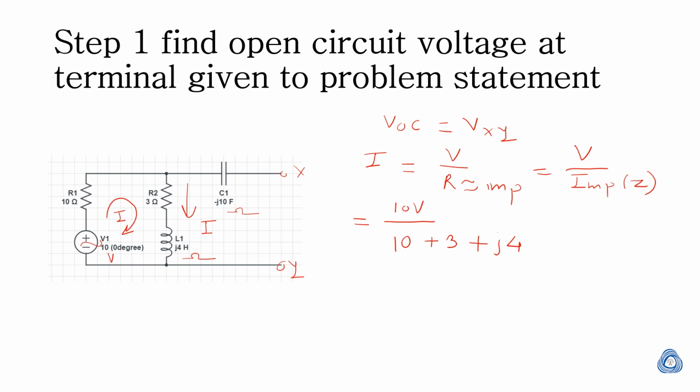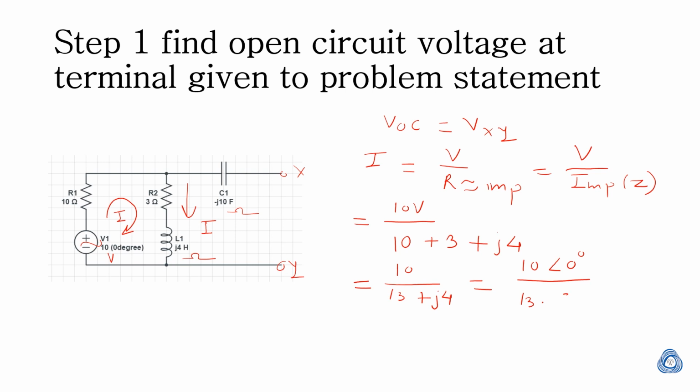This is rectangular, and we know division is very simple in polar form, so we convert it into polar form. So 10 divided by 13 plus j4; 10 at angle 0 degree, and 13.6.